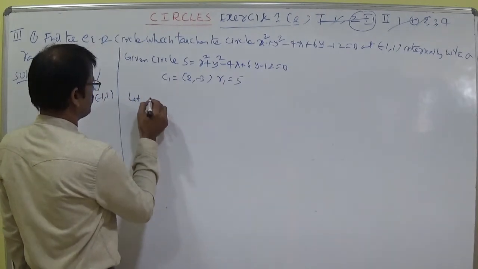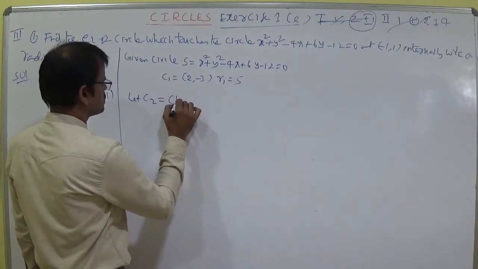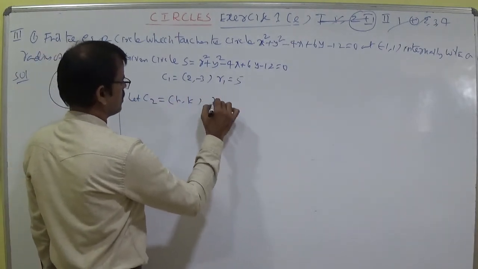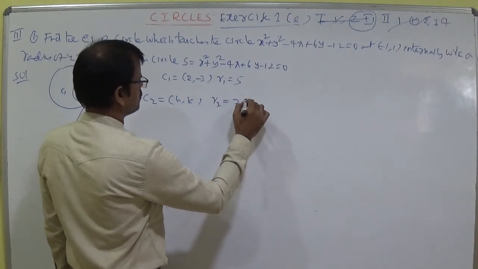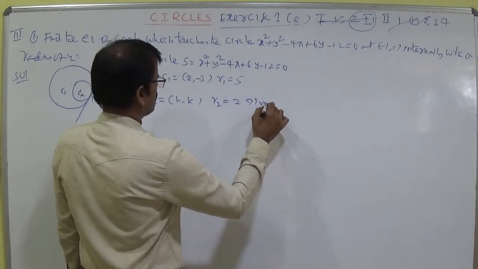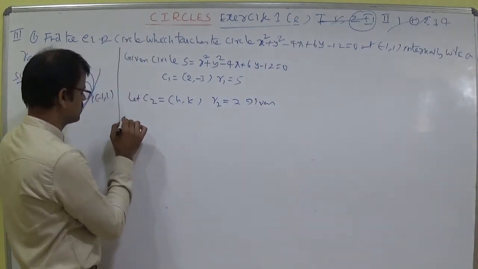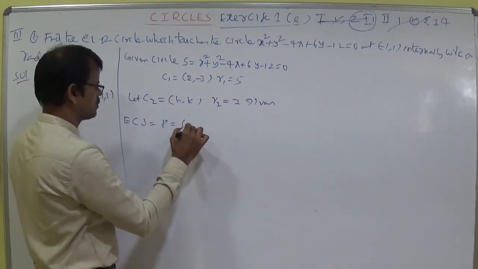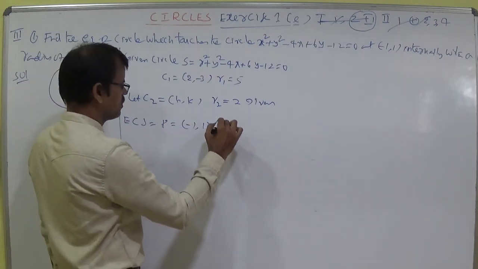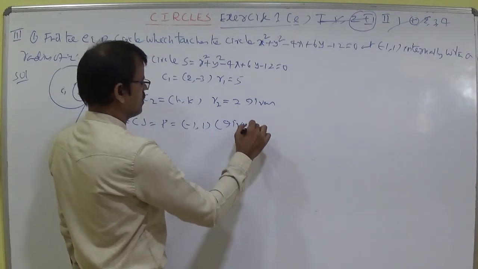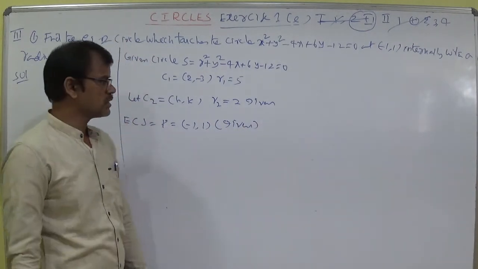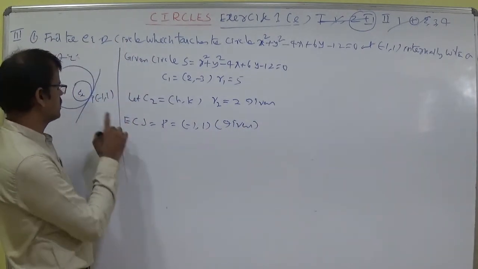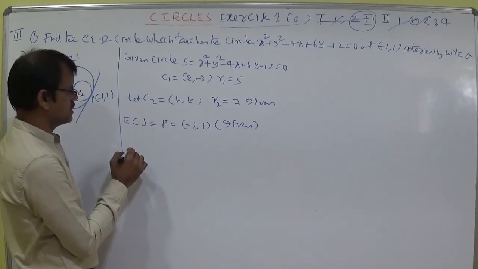Let C2 be h comma k, you write. R2 equal to 2 is given. ECS is equal to P, which is minus 1 comma 1. This is also given. Whenever two circles touch each other internally, the point of contact is the ECS.